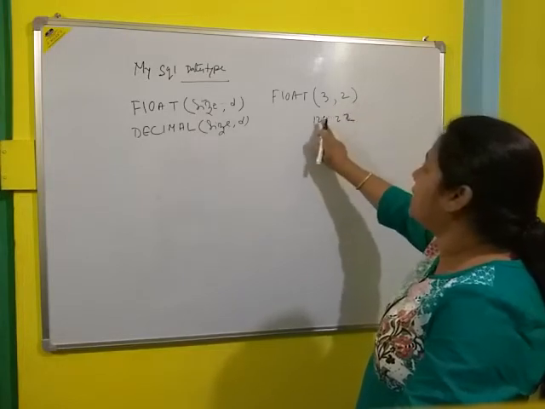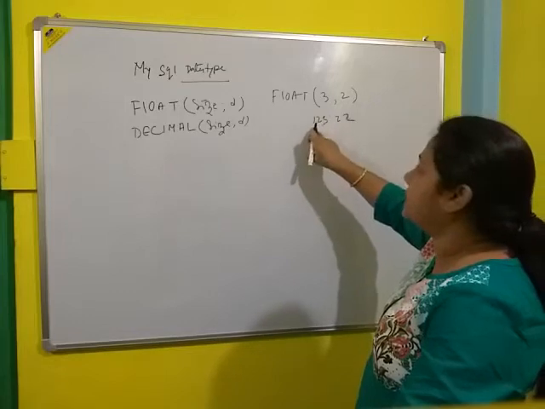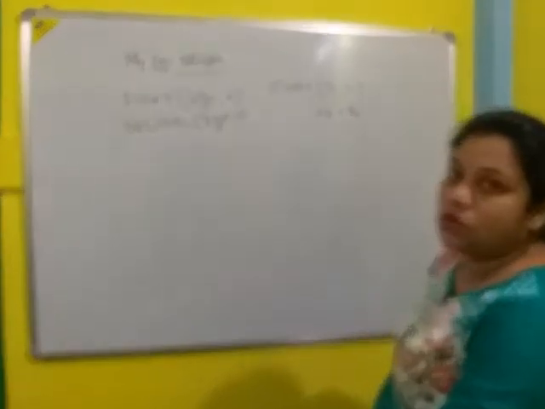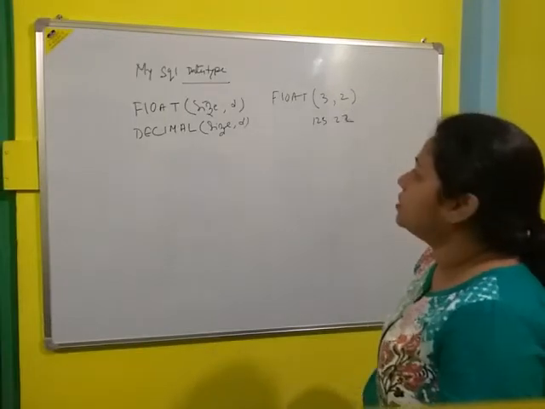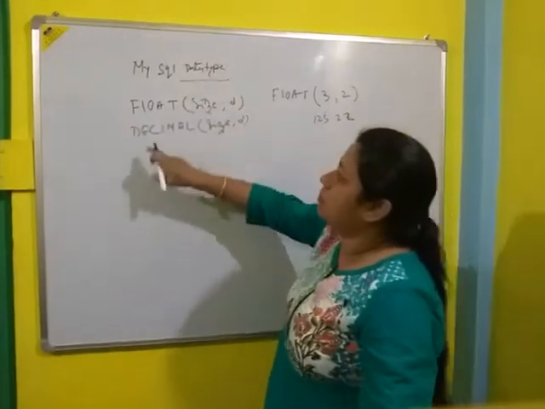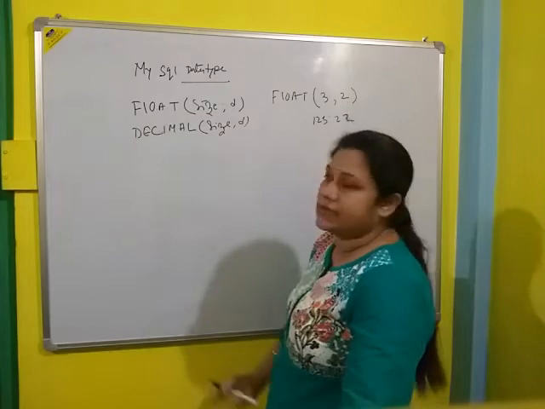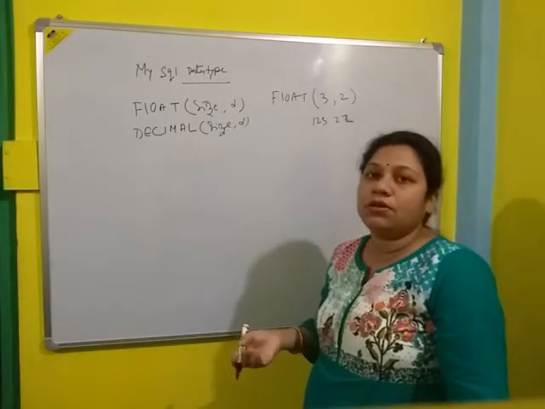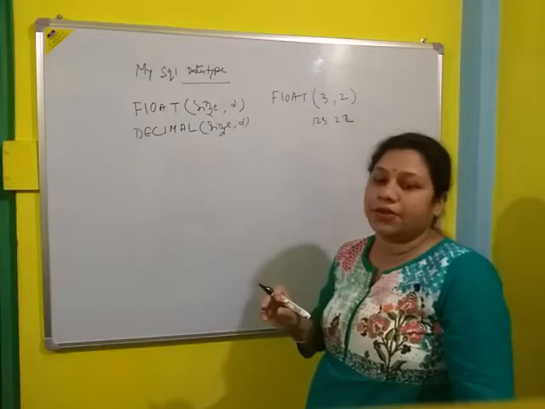Before the point it is going to enter 3 numbers, and after the point it is going to enter 2 numbers. So this is the data type, that is float or decimal. These are used for those values which include a decimal point.